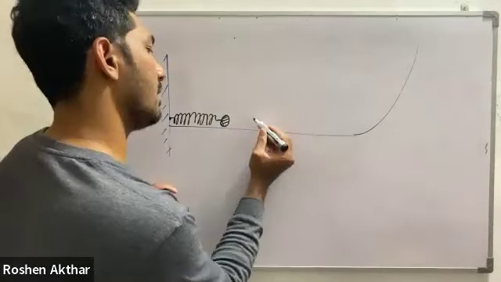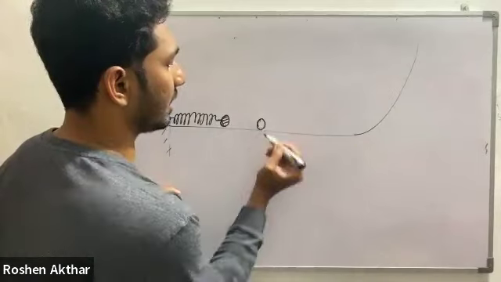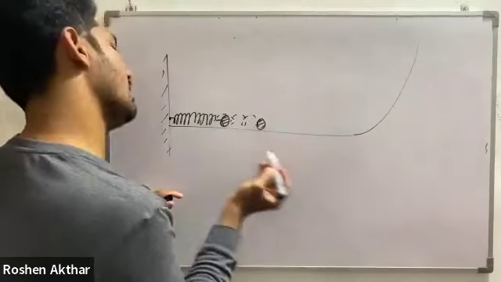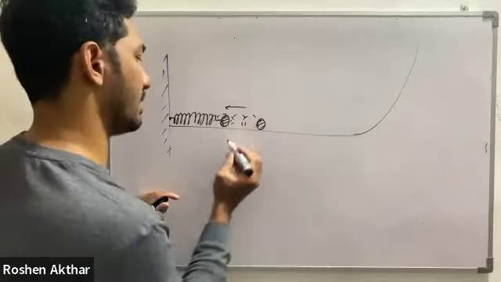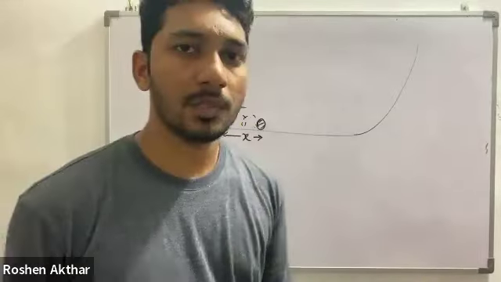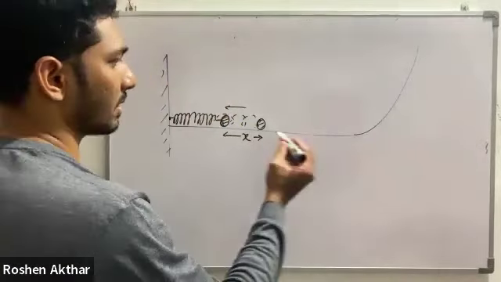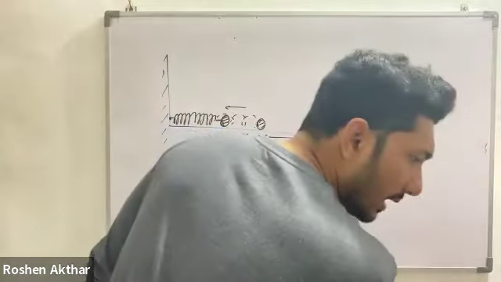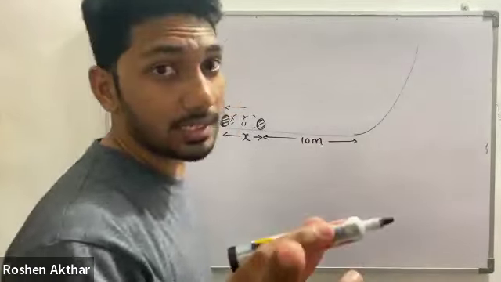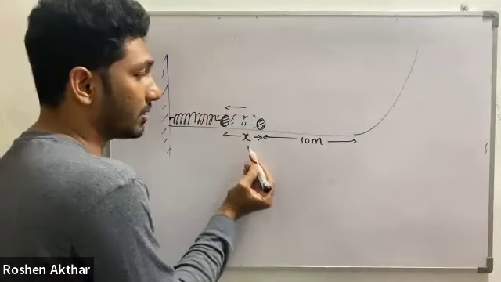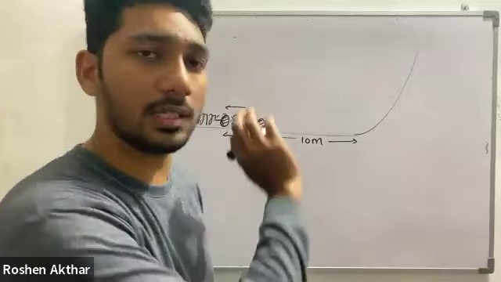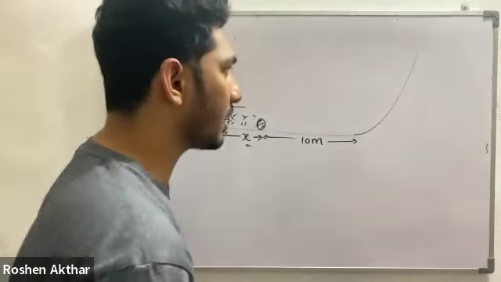The object started to compress the spring from here. Let's say the spring's initial position was here. Now it has compressed and come to this. So this is the compression of the spring, x, and this is the rough length that it has moved, 10 meters. You should understand that from here to here, the x distance also, it has moved on a rough path. So that loss of energy should also be taken into account.